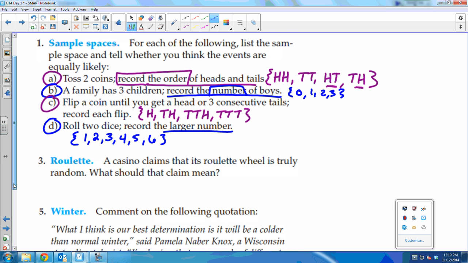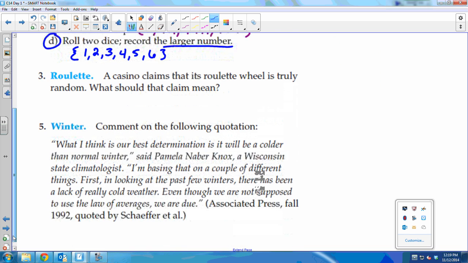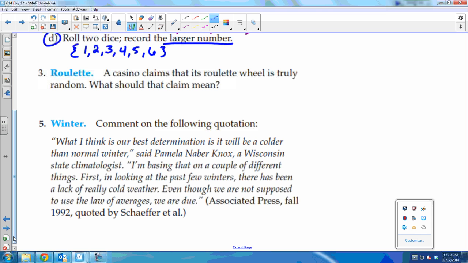All right, 2 little questions here. And number 3, a casino claims that its roulette wheel is truly random. What should that claim mean? What does truly random mean?